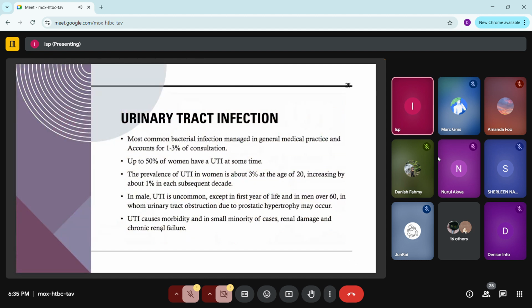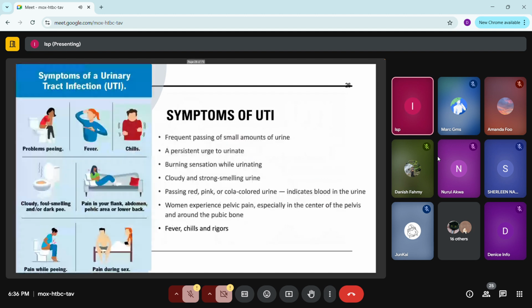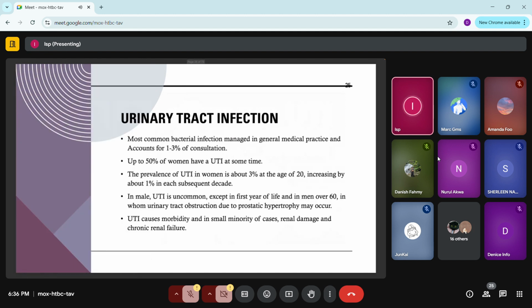So that's why it is more common in females, and in males, most of them will have this infection in the elderly, because that's where your BPH starts to set in, your obstruction starts to set in because of prostate hypertrophy. Most of the time, the infection can cause some morbidity, especially in elderly patients.